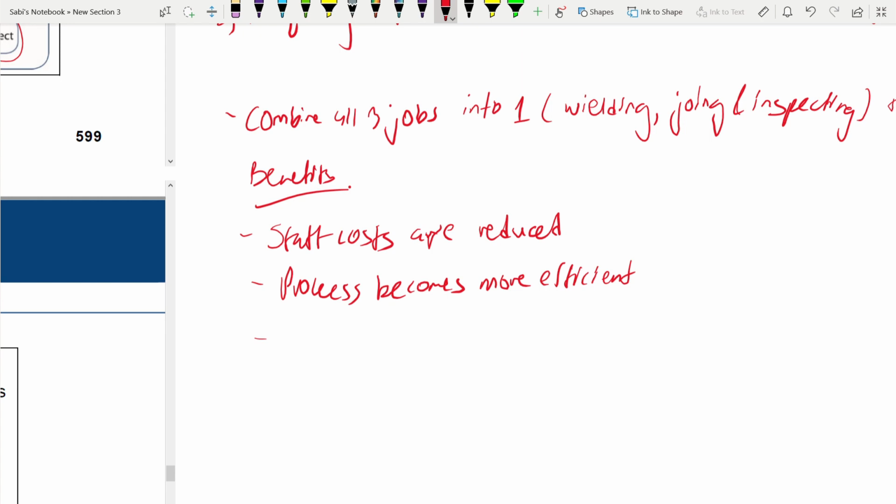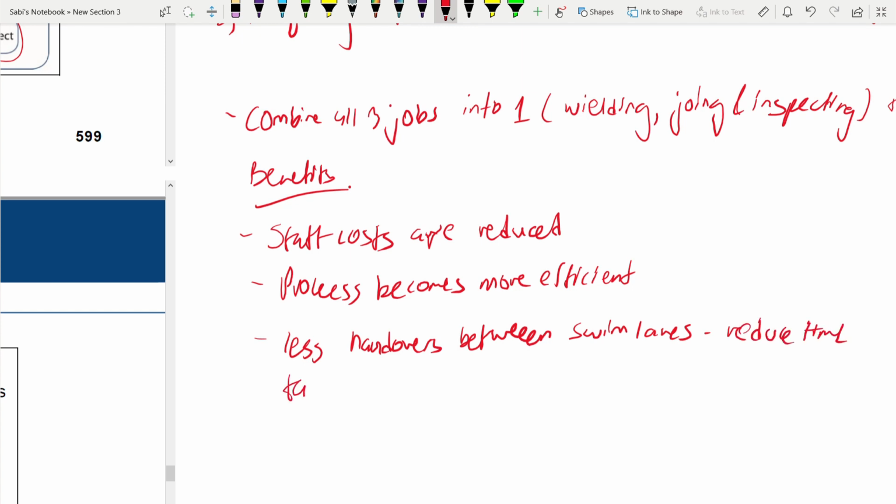So, fewer handovers between swim lanes, which will reduce the time taken and the likelihood of errors.